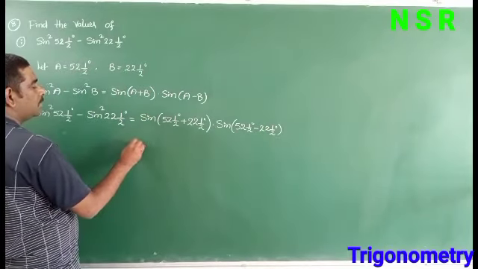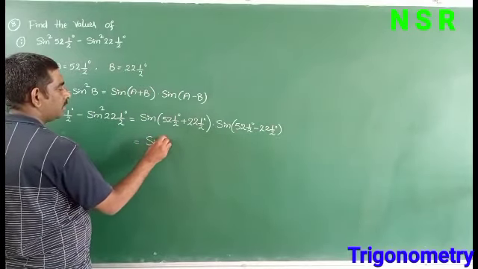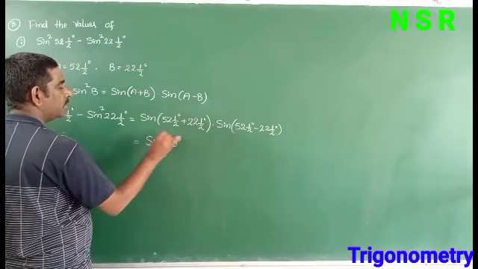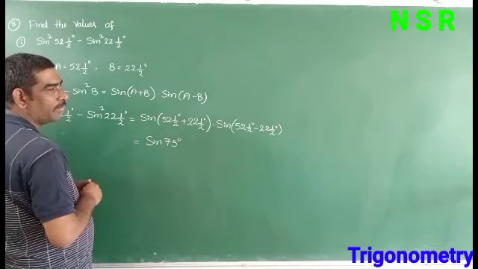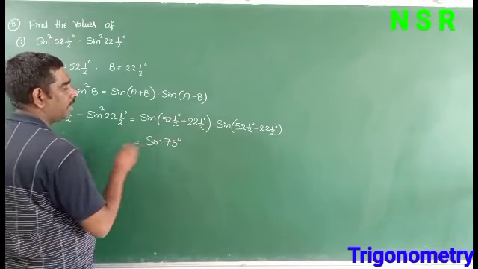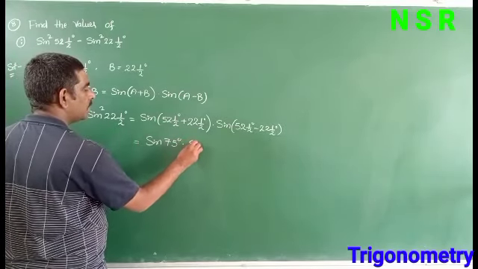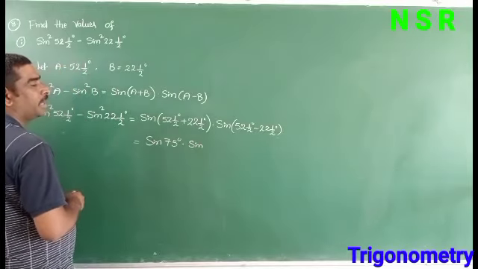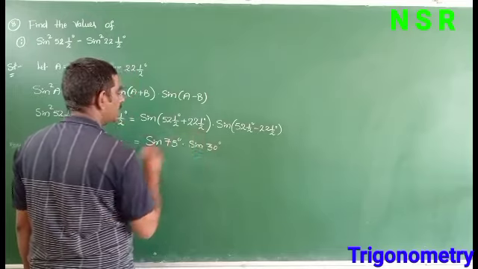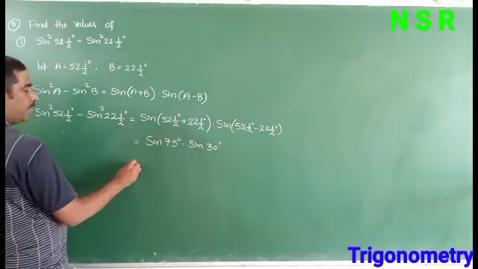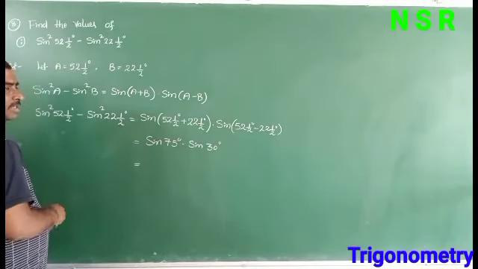So we get sin 75 into sin 30 degrees. So we have the values of sin 75 and sin 30.